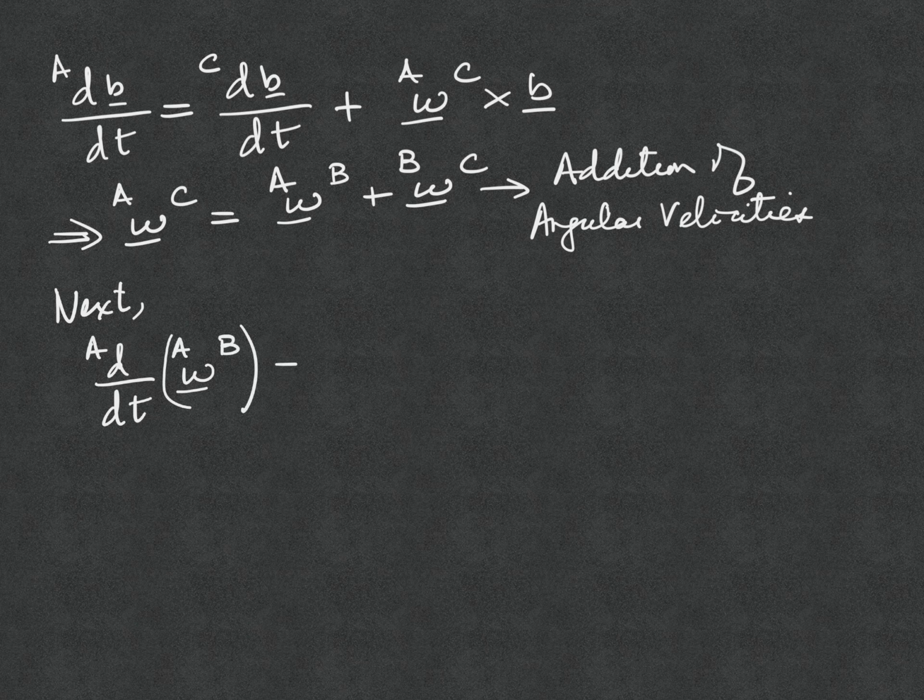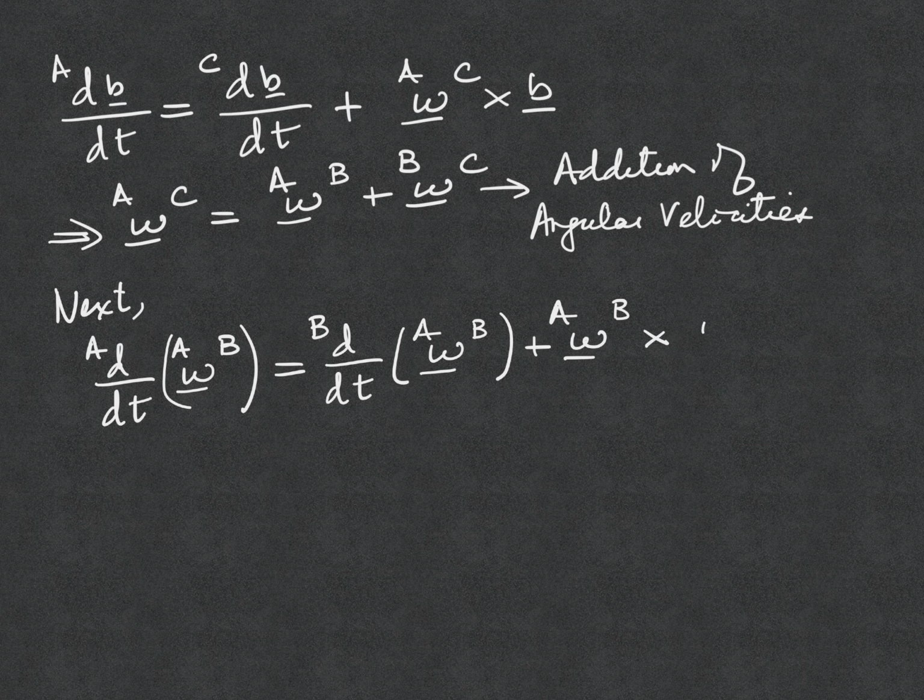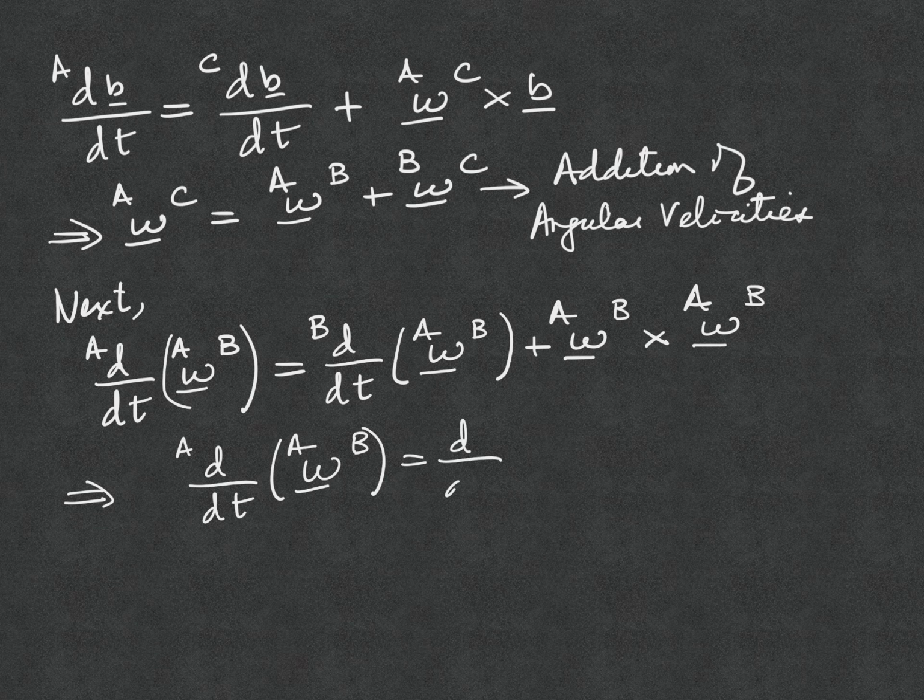Well, from the transport theorem, that's equal to the rate of change in frame B of omega BA plus omega BA crossed with omega BA. But any vector crossed with itself is 0, so this just tells me that d/dt in A of omega BA is equal to d/dt in B of omega BA.